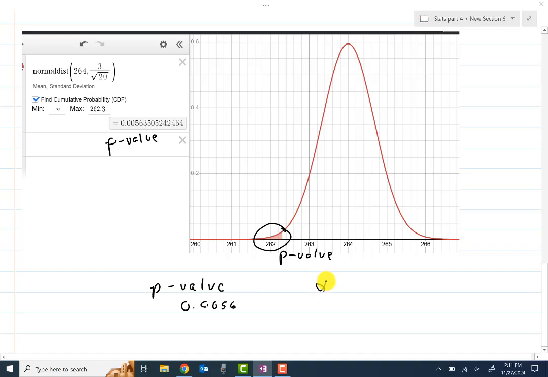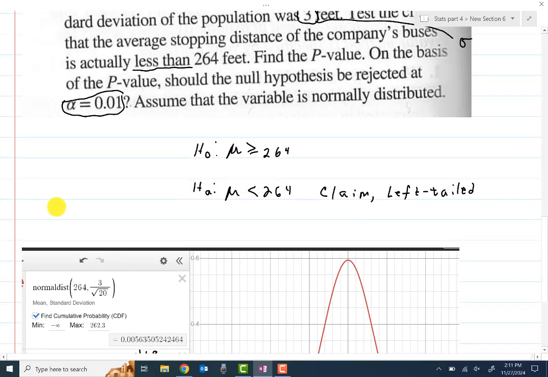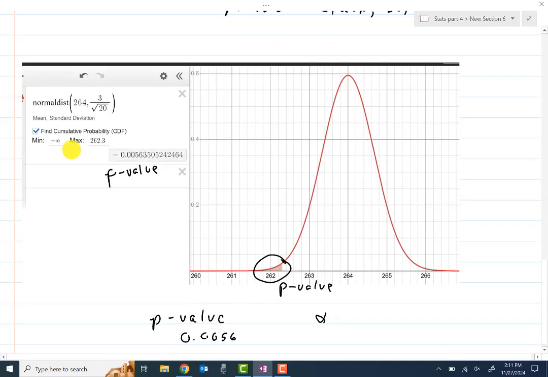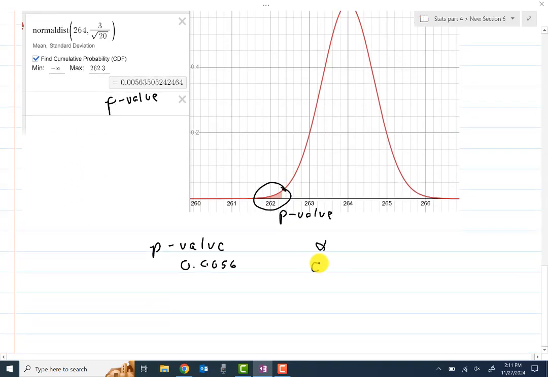And then alpha, let me see what alpha was in this problem. Alpha was 0.01. So we can see alpha is bigger here. So reject H naught.